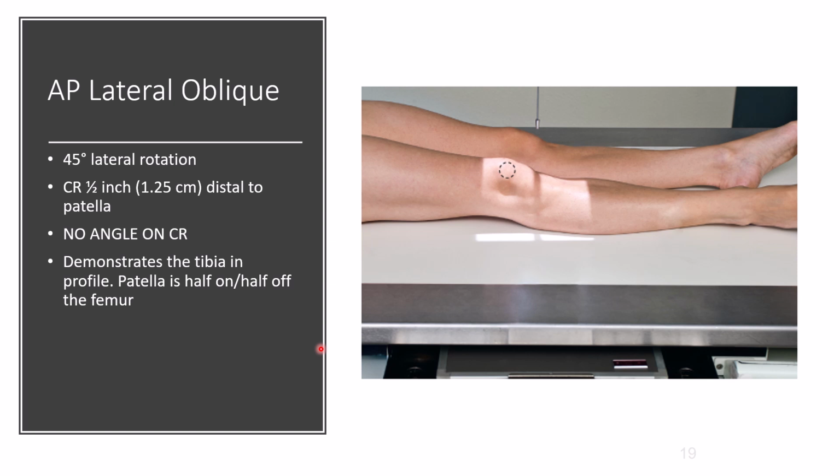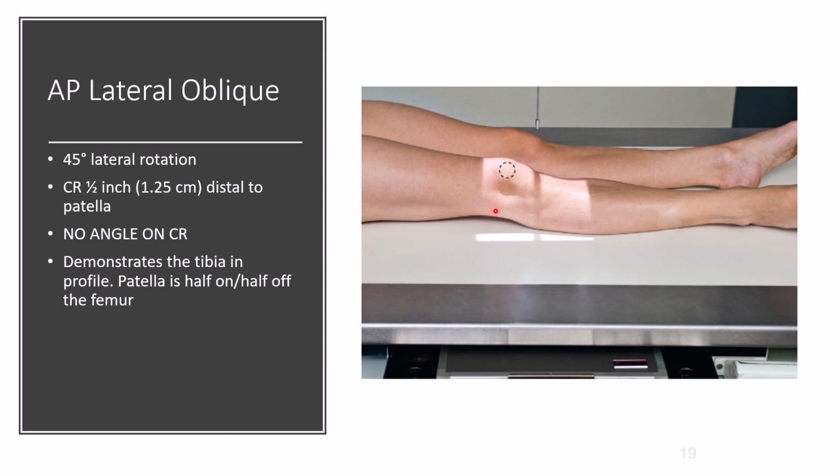All right, so this is going to be coming out, away from midline. All your factors are still the same, 80 kVp at 3 mAs, 40-inch SID to the Bucky, 10 by 12 portrait.